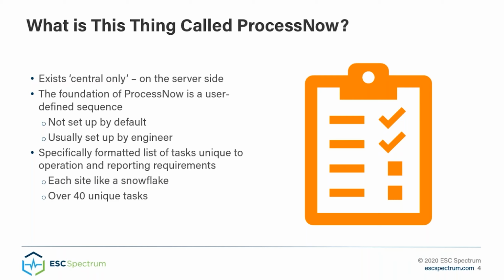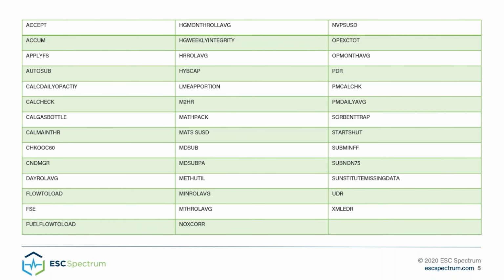I think there's probably way more than that now with new features that are being added into StackVision. But I just like to give the disclaimer, each site is like a snowflake. No two sites have the same permits or report the same, and so I don't think there are any two ProcessNow sequences that are alike.